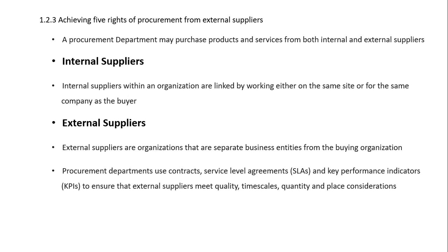External suppliers are organizations that are separate business entities from the buying organization. Procurement departments use contracts, service level agreements, SLAs, and key performance indicators, KPIs, to ensure that external suppliers meet quality, timescales, quantity, and place considerations.